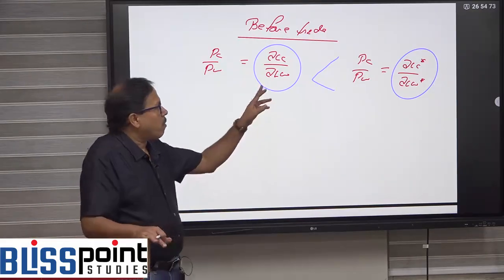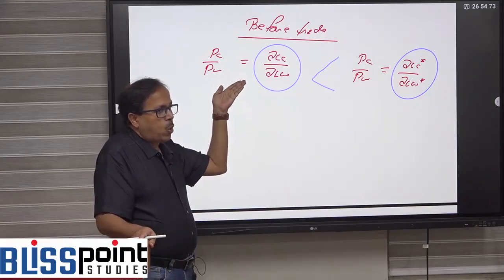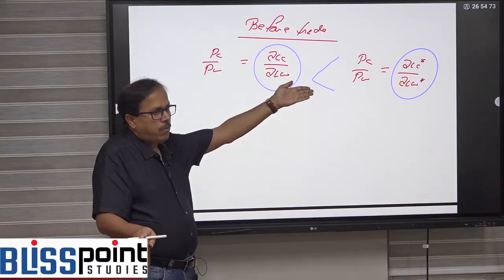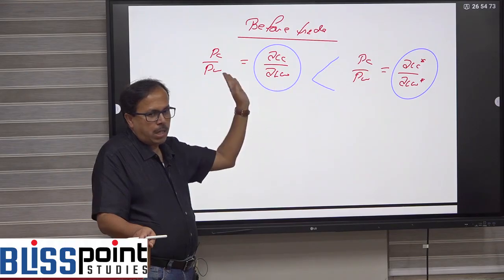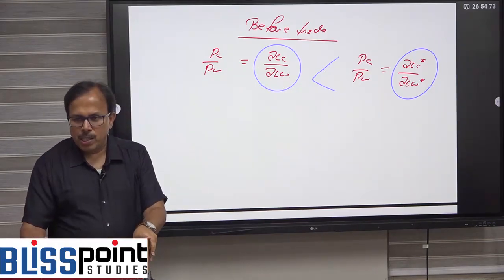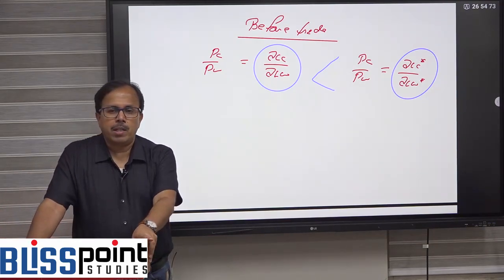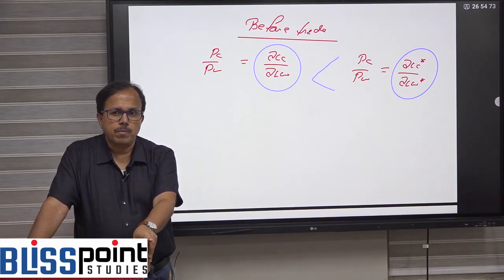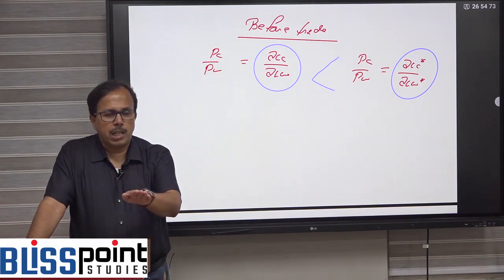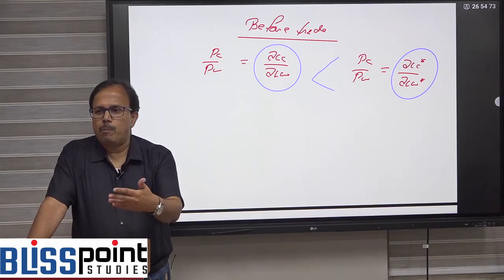It means before trade PC by PW is less in home country and more in the foreign country. In home country prices are less, in foreign country prices are higher. So what will be the pattern of trade then?